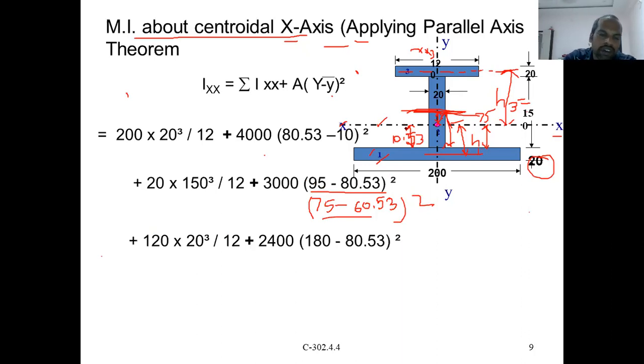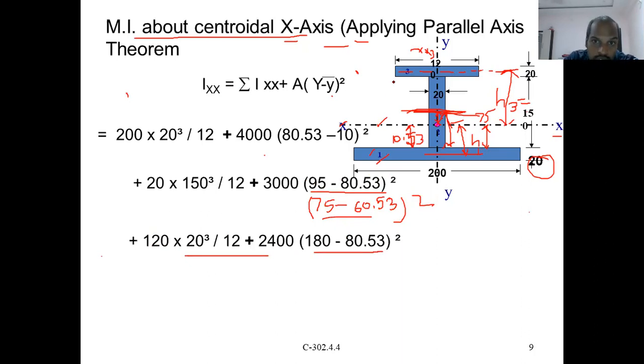Whatever way you take, it depends on your concept. If you have the concept, you can play any way. You can write like this, like that. But ultimately the H shall be the same, and you should get the same answer. That is the only reason. Similarly, this one is also okay. But again here I have written it in a different way.